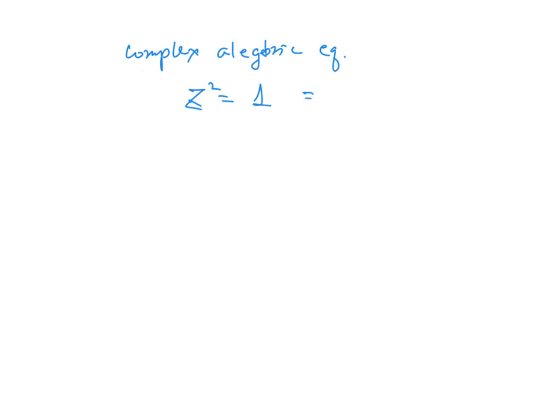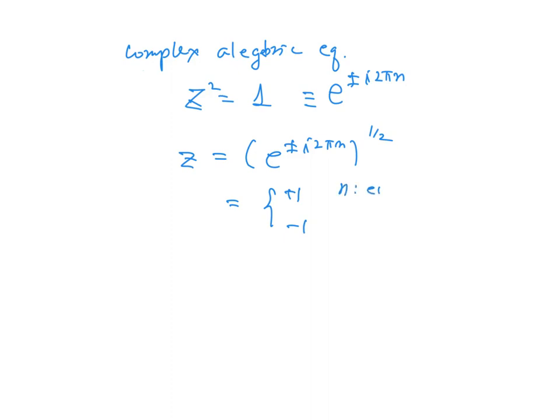So 1 can be represented in many different ways, exponential plus minus i 2 pi n, right? Then z is exponential plus minus i 2 pi n to the 1/2. So that is plus 1 or minus 1, right? n is even, n is odd.